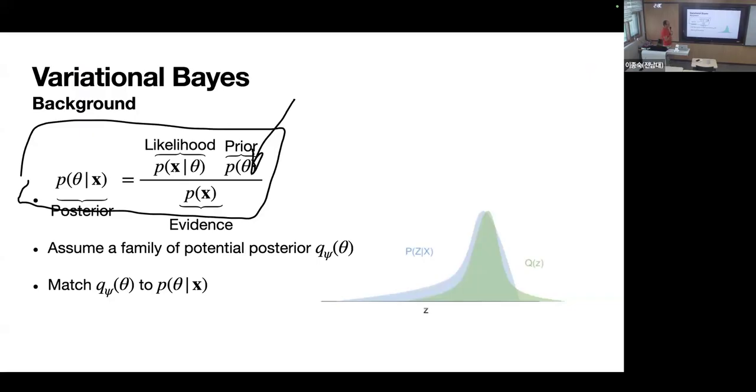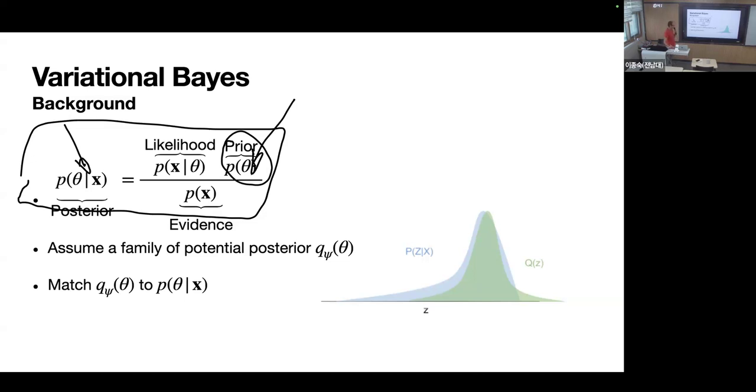But as I showed you, in multidimensional cases, this can be rather slow. So variational-based approaches do the following. Say, I would like to know the posterior. I would like to know where my ball is, but I don't know this. I cannot sample from it.